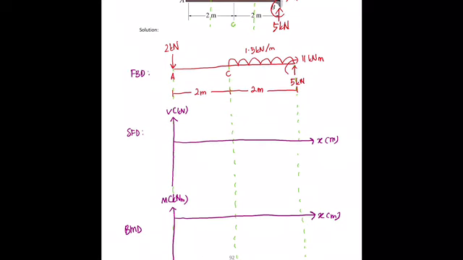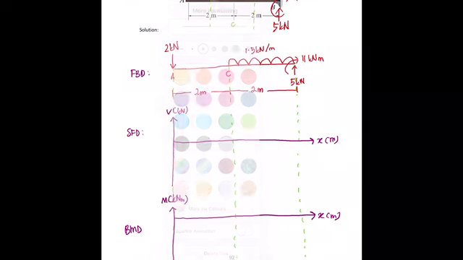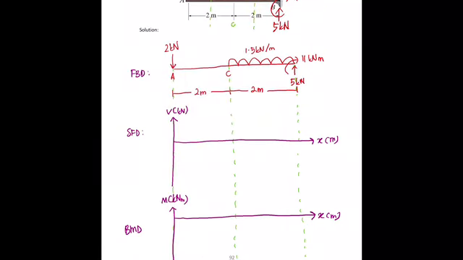Okay, then we plot. Before that, put the distance. Okay, so you have x is equal to 0, your V is equal to negative 2. This is negative 2.